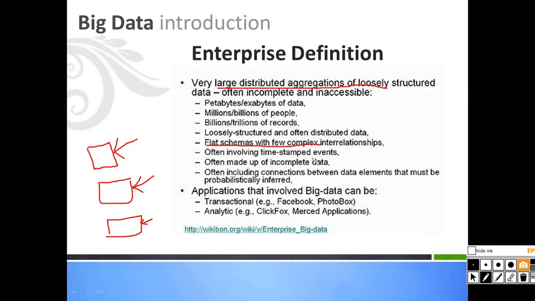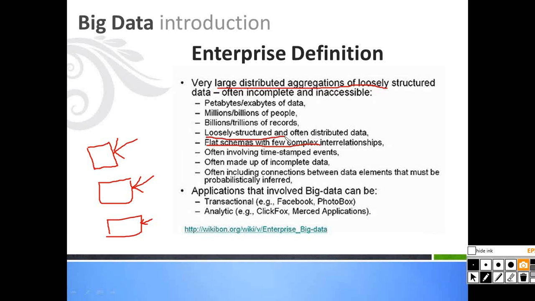But here, flat schemas means there is not much significance to the schema, and there is not much relational integrity in it. You just have rows and columns, and that doesn't have integrity in its own right. And often it's loosely coupled, loosely structured data.